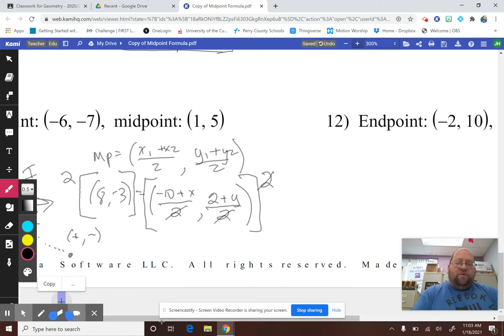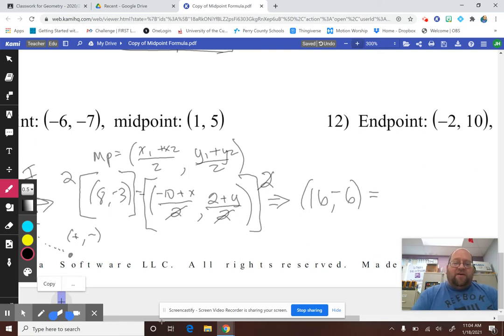And I'm going to multiply this entire point by this 2. So here's what I'm going to end up with. I'm going to end up with 2 times 8, which is 16. I'm going to have 2 times -3, which is -6. So that's the new thing I'm shooting for.